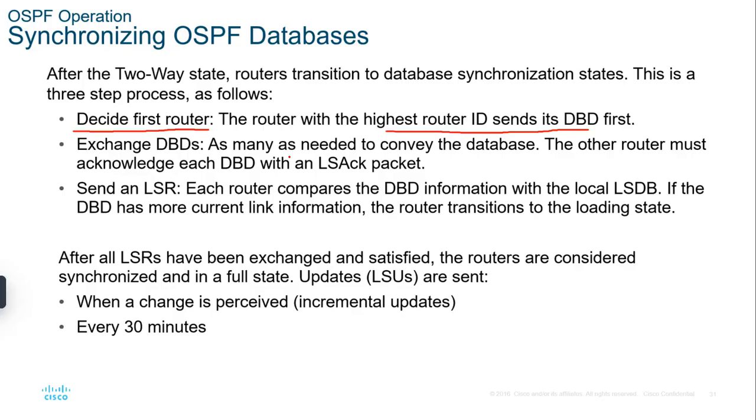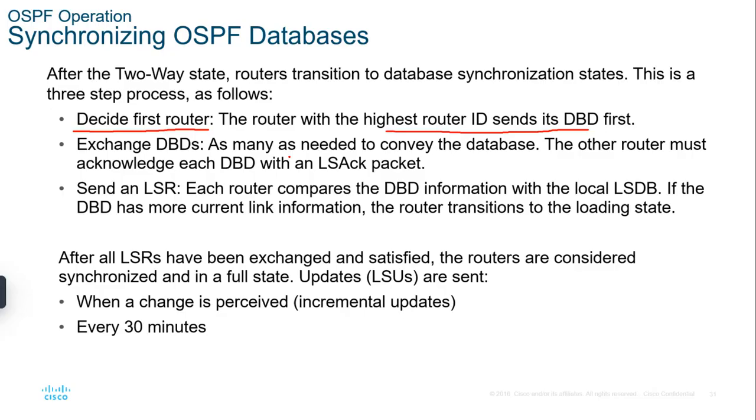So each router compares the database description information with the local link state database. If the database description has more current information, then the router transitions to the loading state. After all link state requests have been exchanged and satisfied, the routers are considered synchronized and in full state.